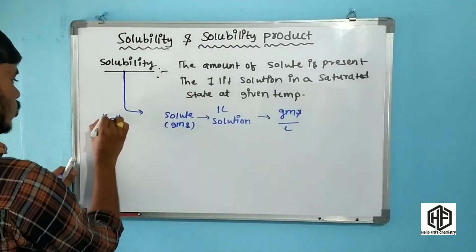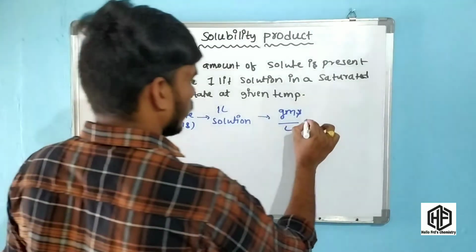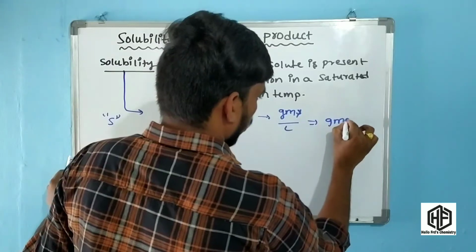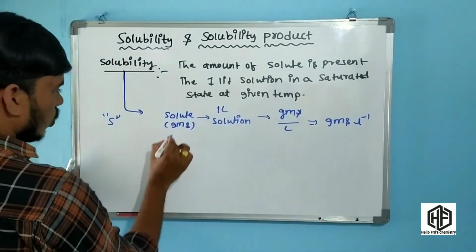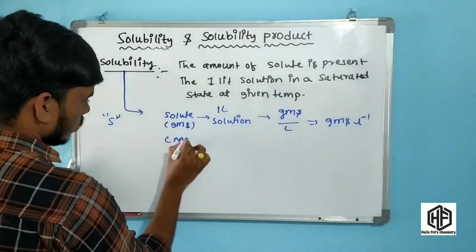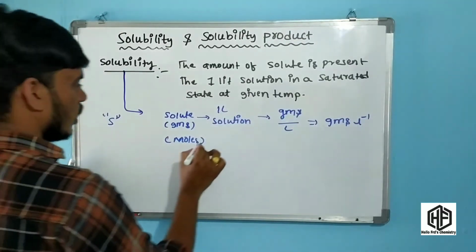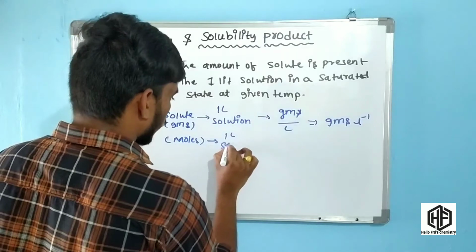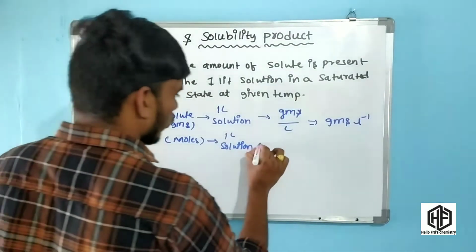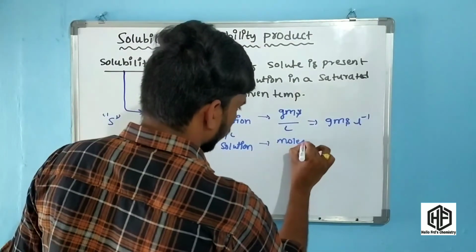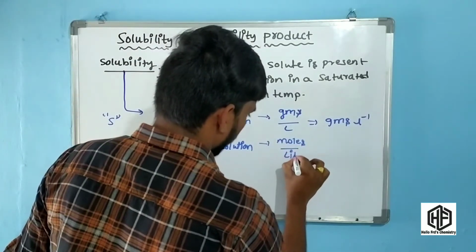S is the solubility. The solubility unit is grams per liter. And the solute can also be in moles in 1 liter solution. Then the unit of solubility is moles per liter.